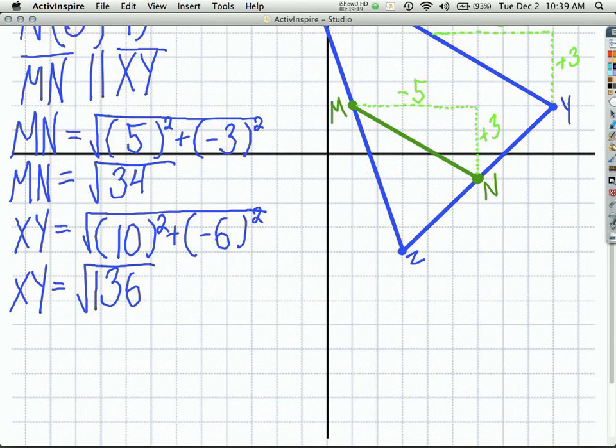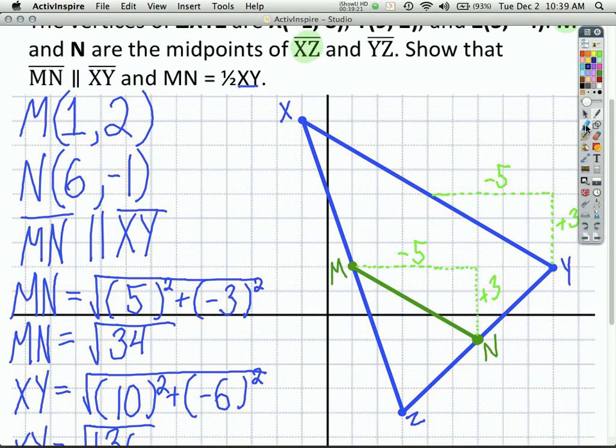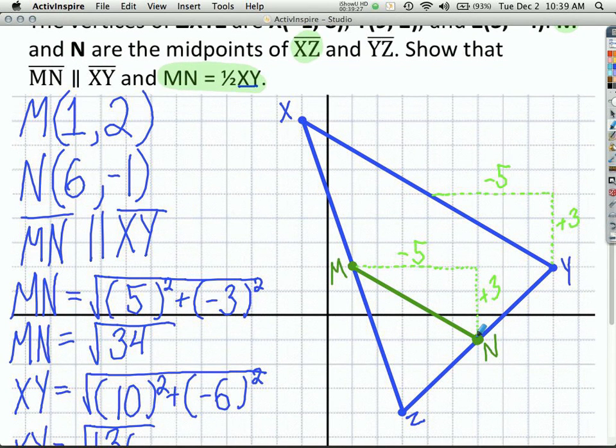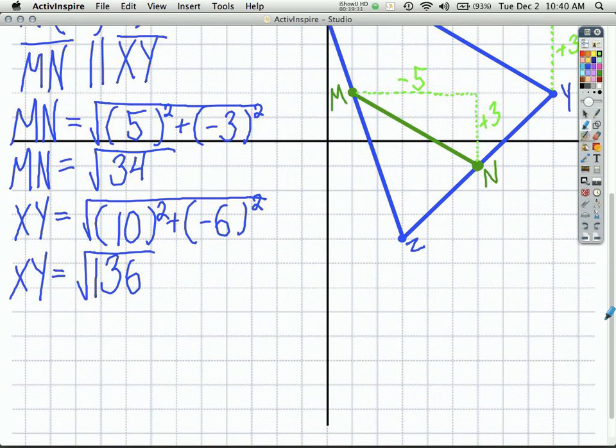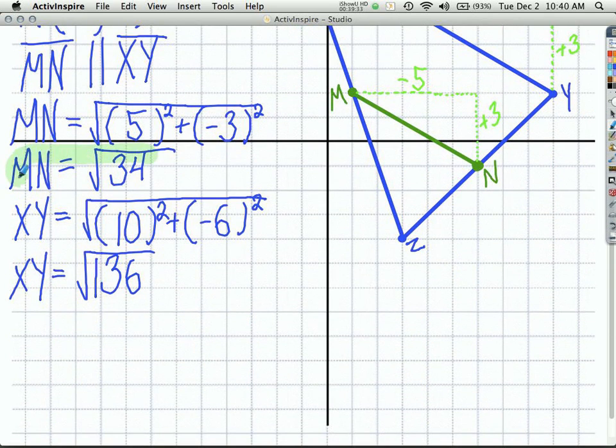So we are trying to show this relationship right here. We're trying to show that this segment is half the distance of this one. But right now it's a little bit hard to tell because it's in radical form. It's hard to see if mn is half of xy. In fact, it doesn't look like it, does it?